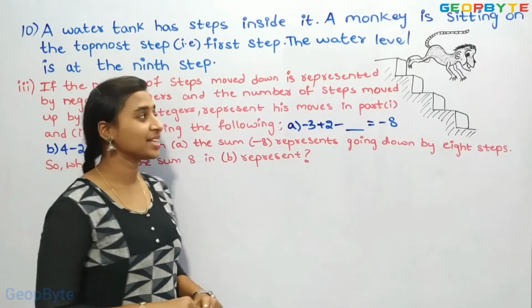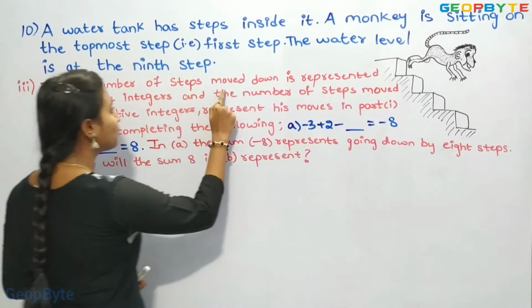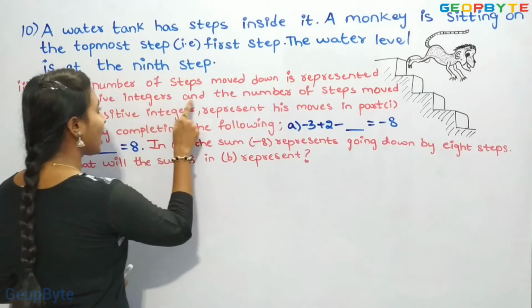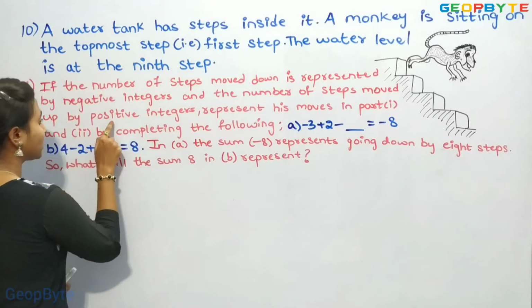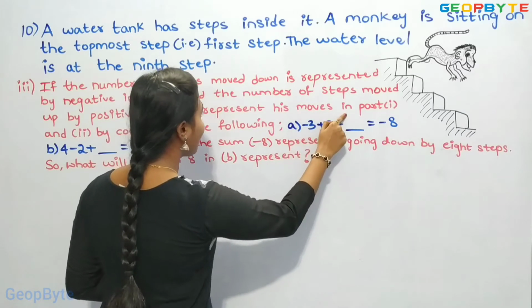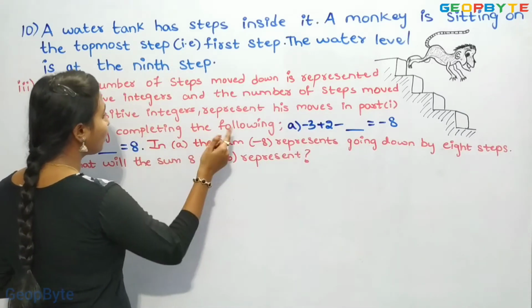Now, let us see the third bit. If the number of steps moved down is represented by negative integers and the number of steps moved up by positive integers, represent his moves in part 1 and 2 by completing the following.